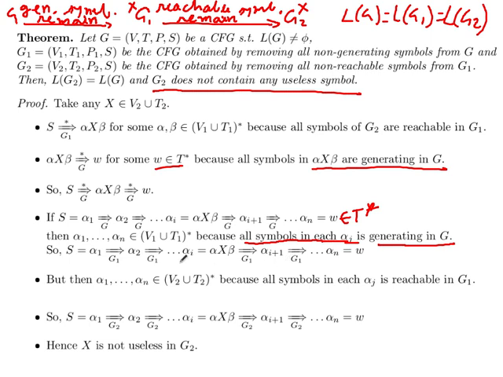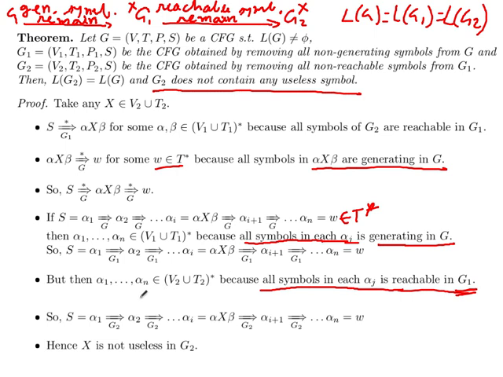So all the symbols in this, say alpha J's, are reachable in G1. That's important. And from here to here, you see that if something is reachable, that remains in G2, right?